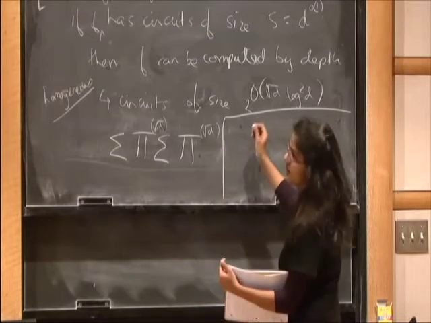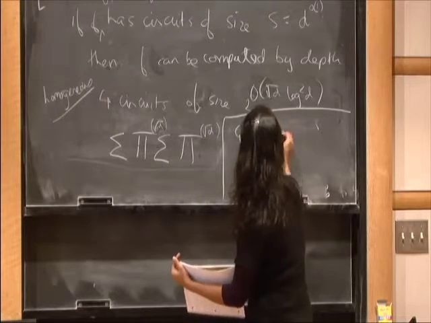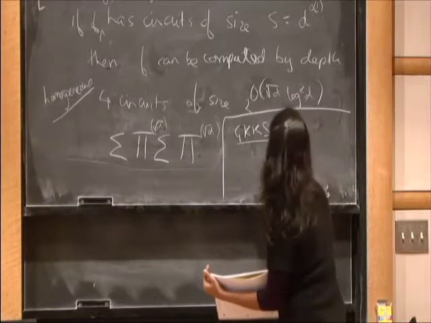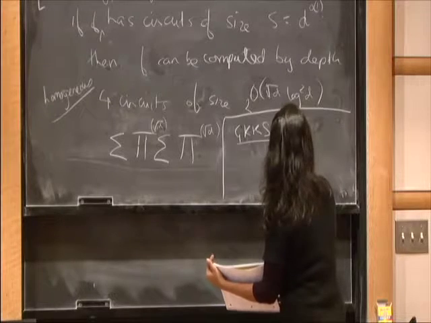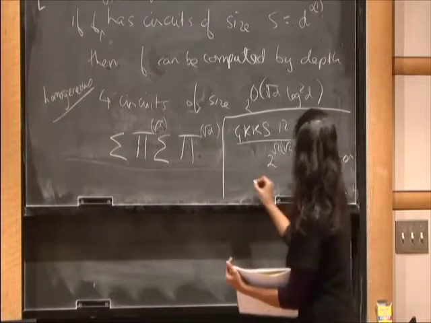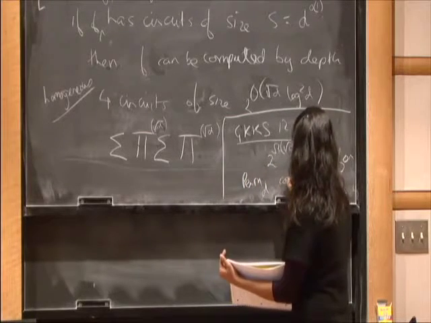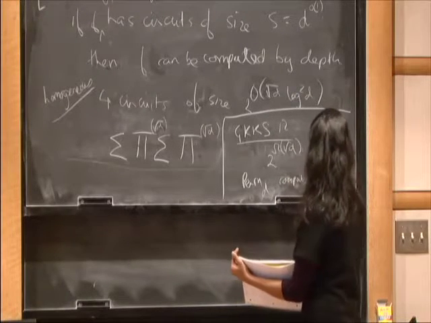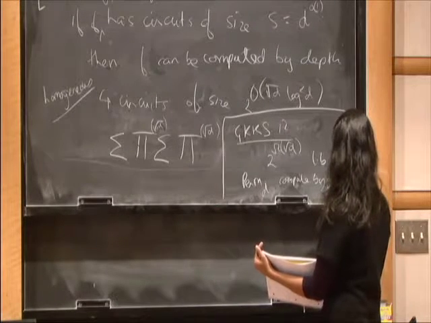They give a 2 to the omega root d lower bound for the permanent of size d, which we want to compute by these depth 4 circuits with root d.